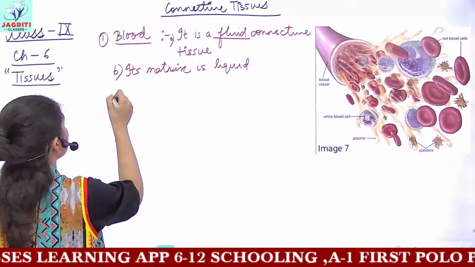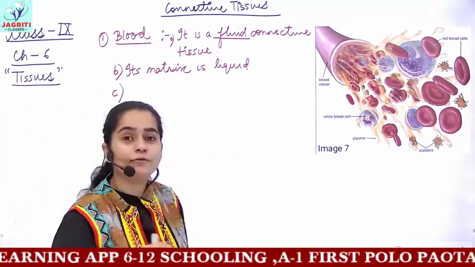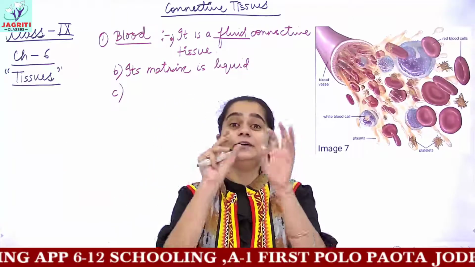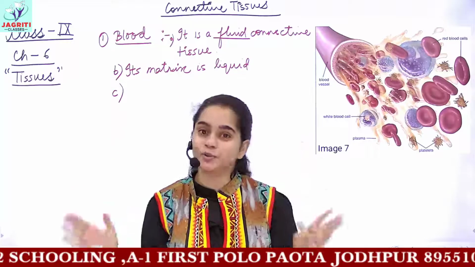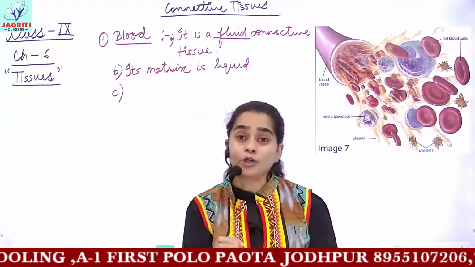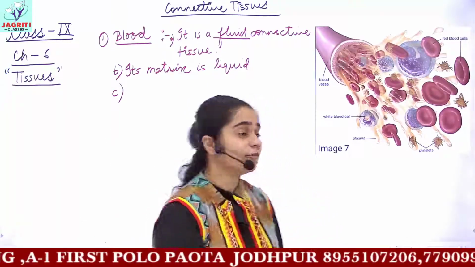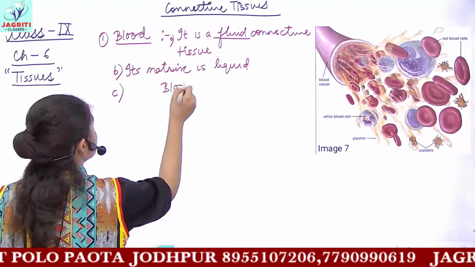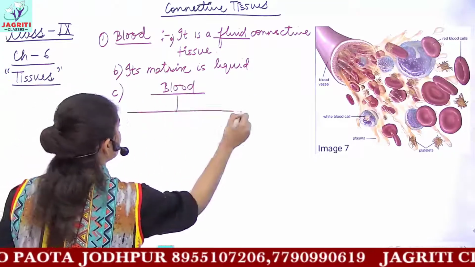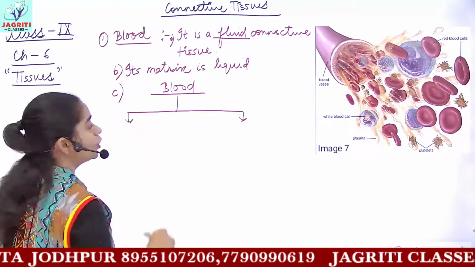Now next is what? I can classify blood into two kinds. Actually, I am not classifying blood itself into two categories. I want to explain to you the structural features of blood. So structurally, we can divide blood into two parts.